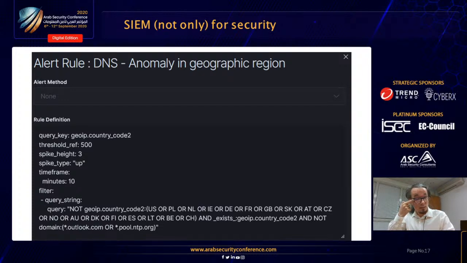One of the last alerting rules is for DNS, a little more complicated here again, where we are excluding, because we are looking for anomalies in geographical regions, so we have to exclude all the countries that we know how they behave, and we can monitor them individually or by different standards. So for anomaly detection, simple one, we have to exclude all those countries we know how they behave.